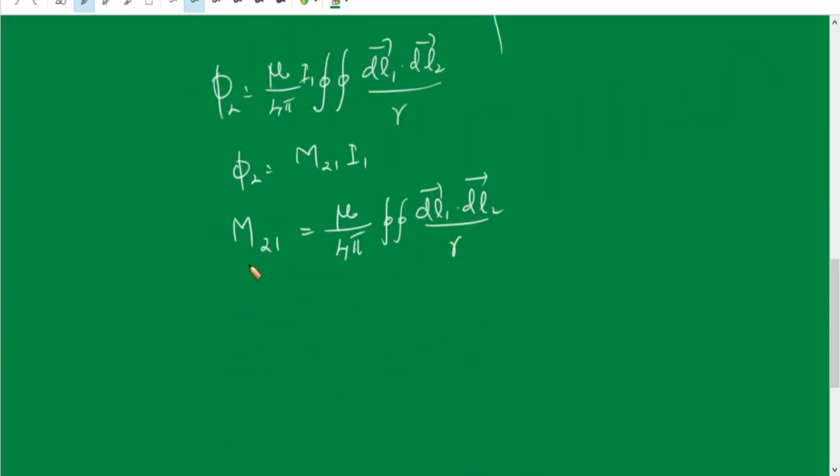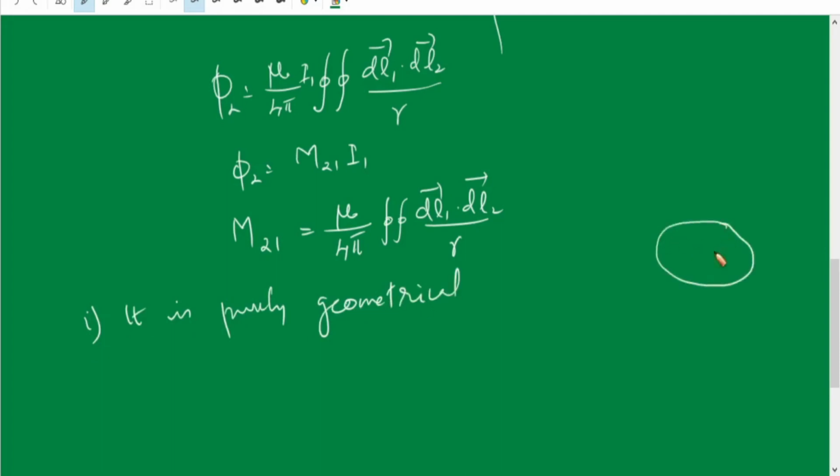So M21 is a purely geometrical quantity. It depends on the size, shape and orientation of the two coils, etc. We have assumed a current I1 in loop 1, and there is a flux phi 2 through loop 2.